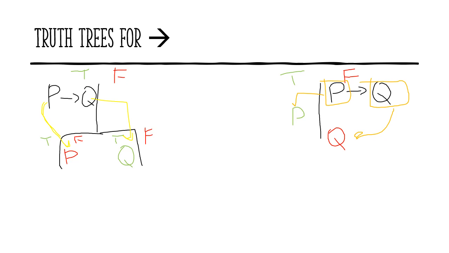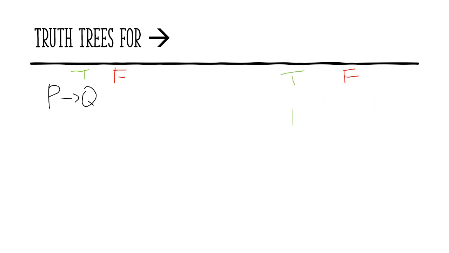Keeping with how we've been doing this, let's do a little bit more complex looking sentence, but we'll find out that it works out the same exact way. So let's say we have P and, oh, sorry, let's not do and, let's do the conditional.